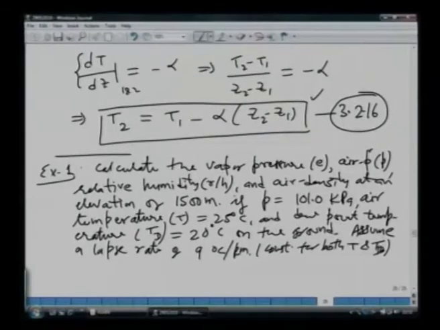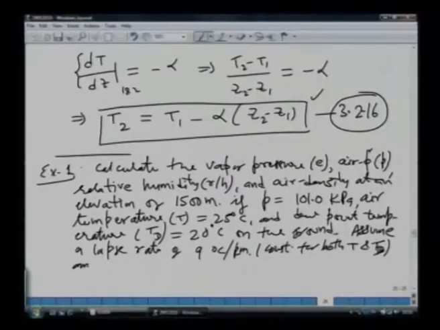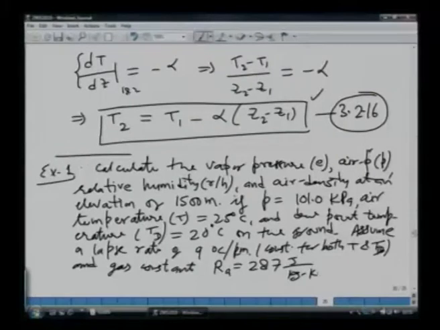For air temperature and the dew point temperature, you can take the same lapse rate, which may not be the case ideally, but for this example purposes we take them to be the same. And the gas constant R A, which would be needed, is given to you as 287 joules per kilogram degree Kelvin, okay, which is constant as a function of height.